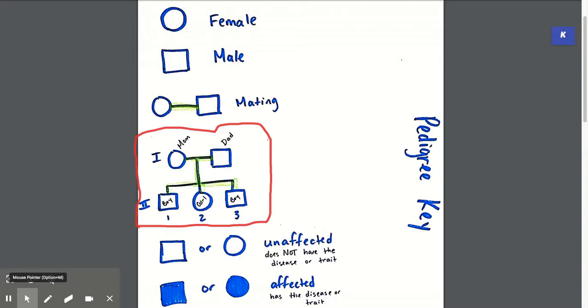You may think of having specific names, but all that aside, there are symbols here that represent females and males, and then it's able to show how many children they had. And based on a family tree, you can actually follow diseases or traits within a family. And it can be pretty cool.